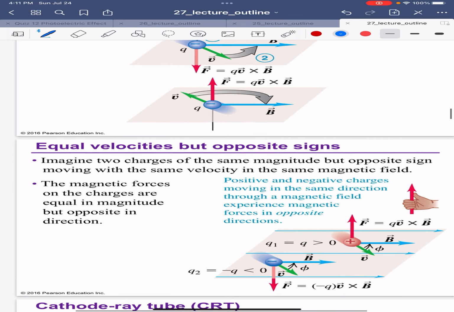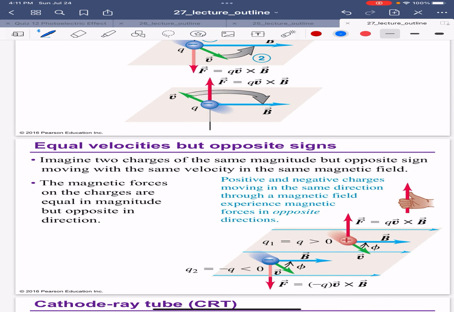Now, if we have equal speeds but opposite signs, let's say an electron and a proton, this is needed information for you. You need to know that they have equal charges but opposite in sign.